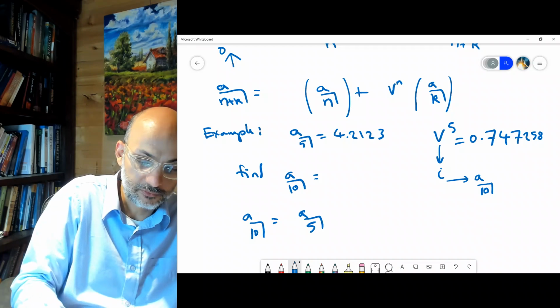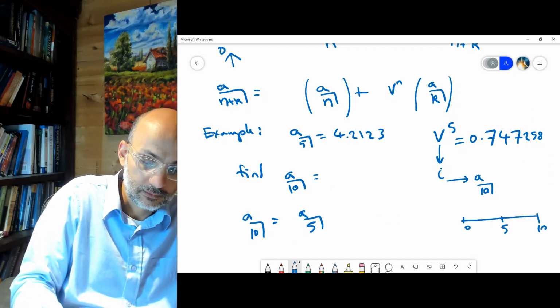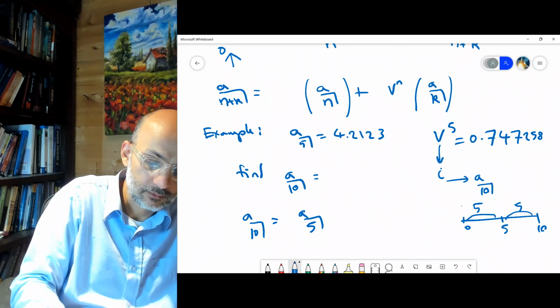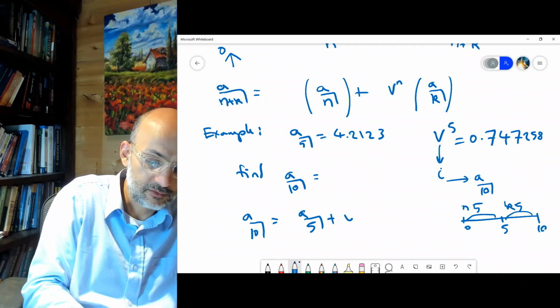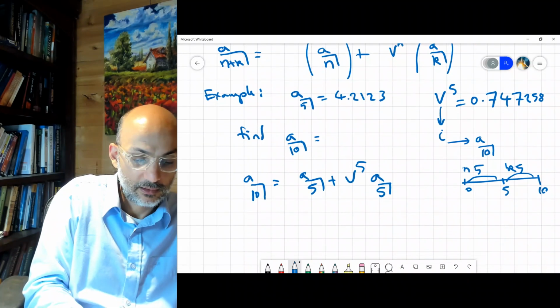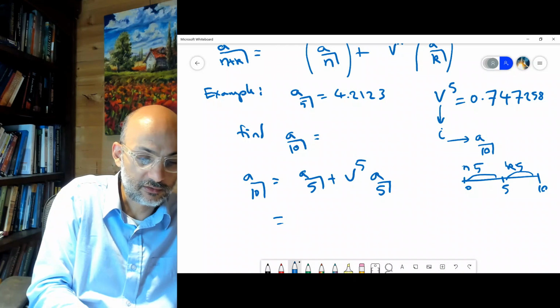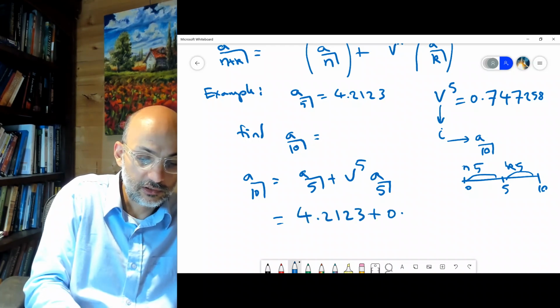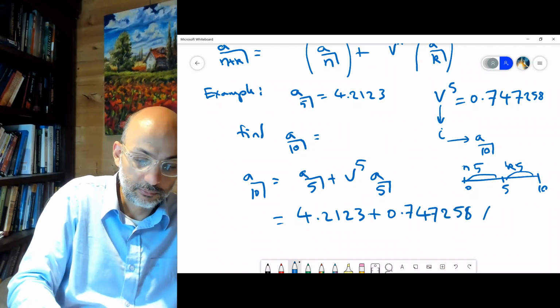The period of 10, from 0 to 5 to 10, you split into 5 plus 5, n and k. And a angle 5, we don't need to compute anything. It's given to us to be 4.2123 plus 0.747258 multiplied by another 4.2123.